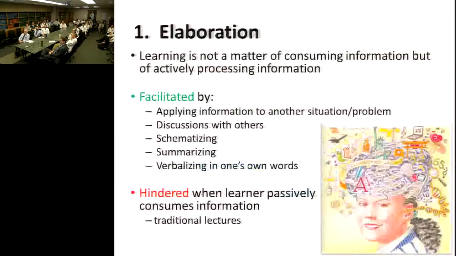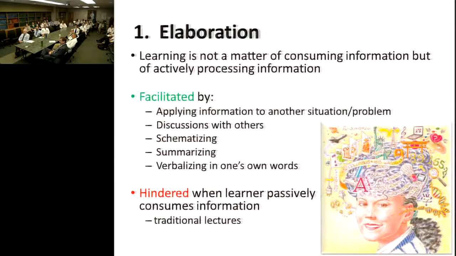All right, so the first one comes from cognitive psychology. And we know that to the extent that you elaborate on new information, it sticks and it stays. There are different ways you can do that. You can talk about it with other people. You can work on schemas. I'm speaking to neurologists, so it's intimidating to talk about schemas and neuronal connections, but really that's what learning is.